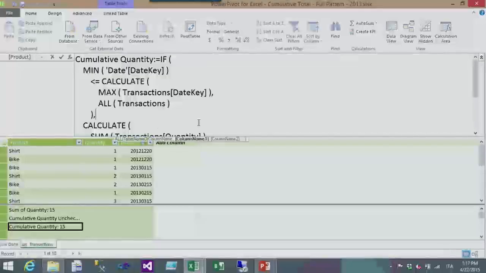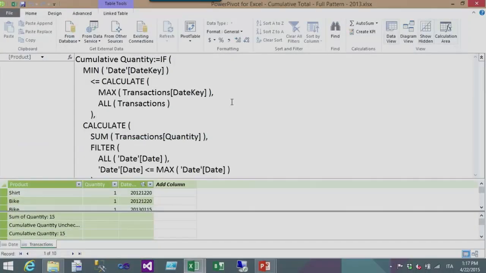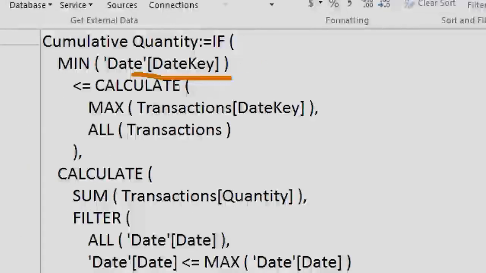How can I obtain that? By simply applying an IF condition that says: if the first date in my current selection, which is the first day of the month if you are selecting 1 month, the first date of the year if you are selecting 1 year, or that day if you select 1 day, is less than or equal to the last day that I find in my transactions table, considering all the products and all the transactions, then I want to show this date, that month.